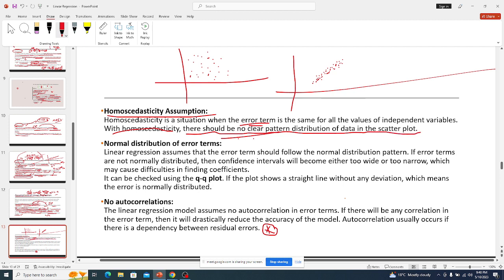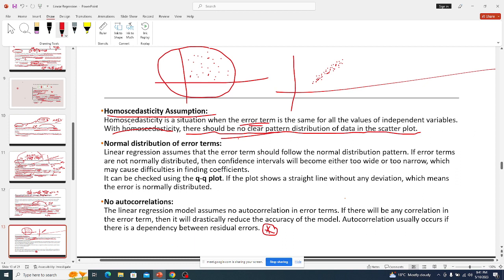Okay, with this kind of distribution, you can't define a pattern from this. And it is a scatter plot, but in this case, you can have a pattern.